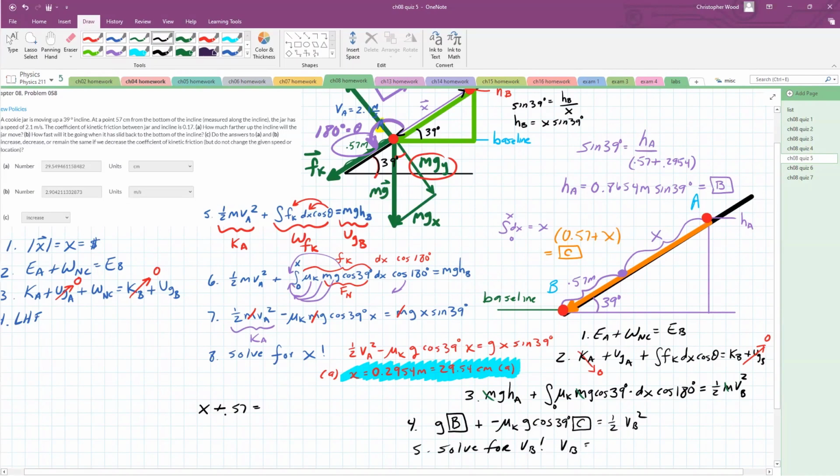Okay. Pretty involved. 9.8 times alpha B minus 0.17 times 9.8 times cosine of 39 times alpha C times 2, square root, 2.9 and some change.